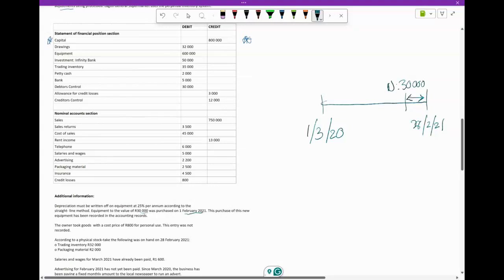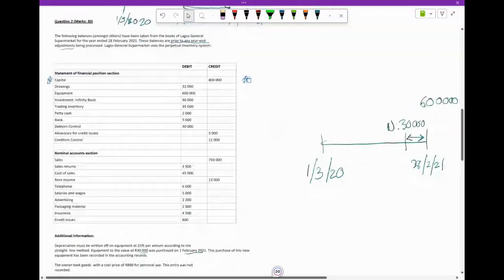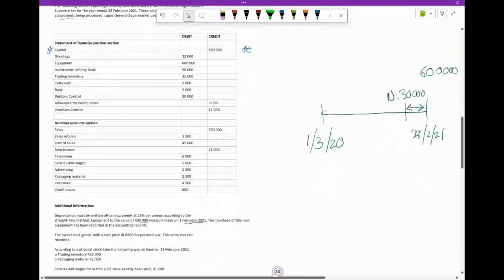Here they're telling us we had 600,000 worth of equipment, because this is the balance as at 28 February 2021.